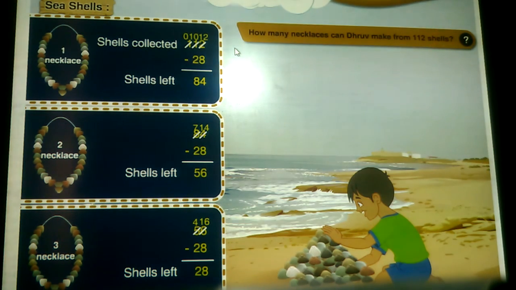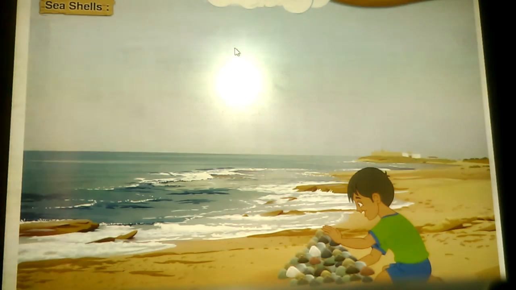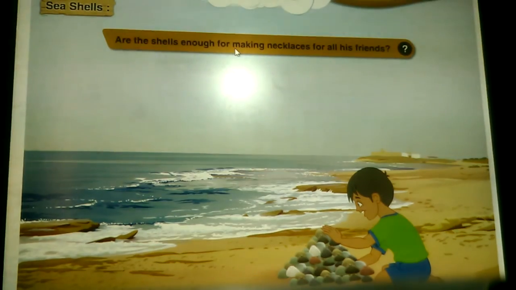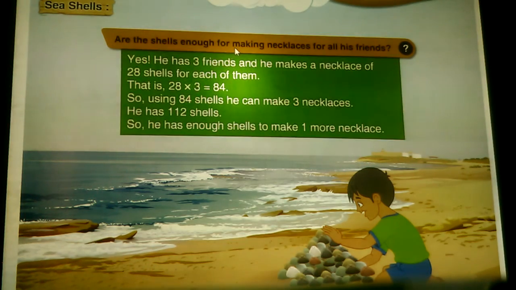How many necklaces can Dhruv make from 112 shells? Dhruv can make 112 divided by 28 is equal to 4 necklaces. Are the shells enough for making necklaces for all his friends? Yes.